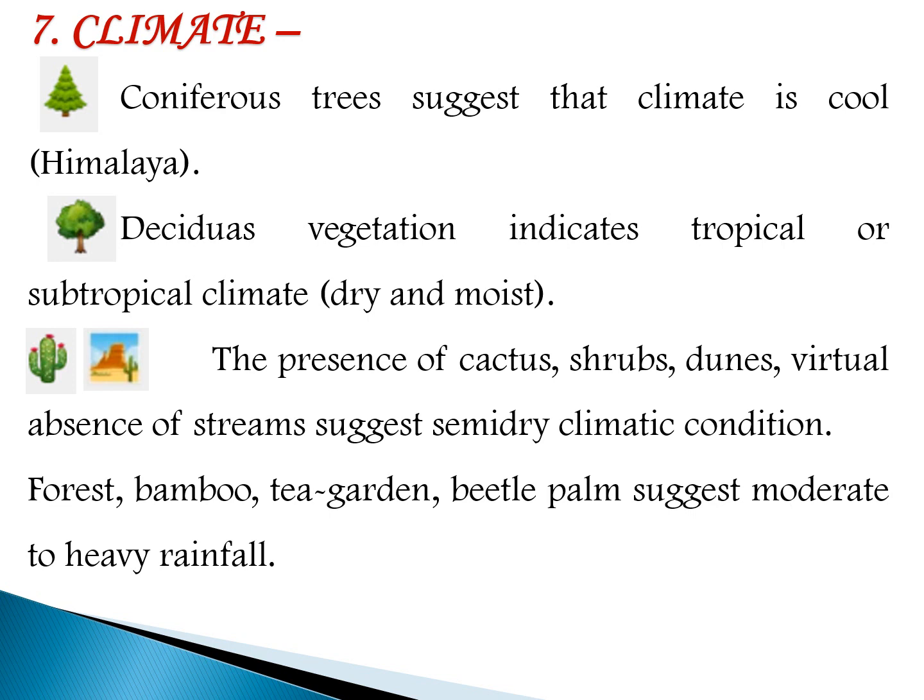So they represent the cold climate. If the trees are shown like this, then it is deciduous vegetation, which indicates the tropical to subtropical climate. If you take a map of Belgaum, you will find such type of trees, you will not find the coniferous trees. So in Belgaum, what is the climate? That is tropical to subtropical climate, that is dry and moist.